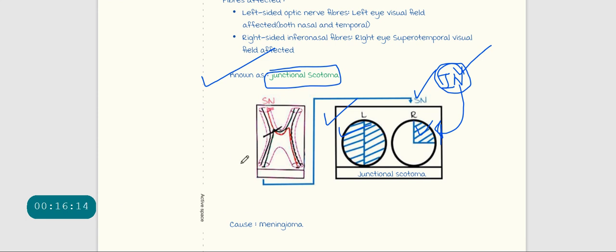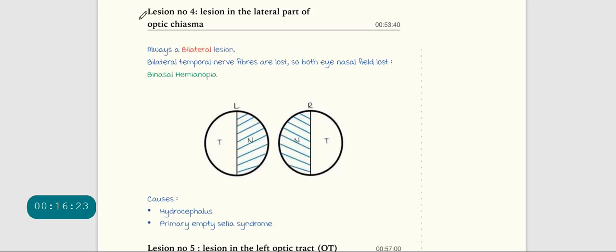The next type of lesion is in the lateral part of the optic chiasma, and this is also a bilateral lesion. Always this is a bilateral lesion. Now the bilateral temporal nerve fibers are lost, and if the temporal nerve fibers are lost, the area affected would be the nasal area.